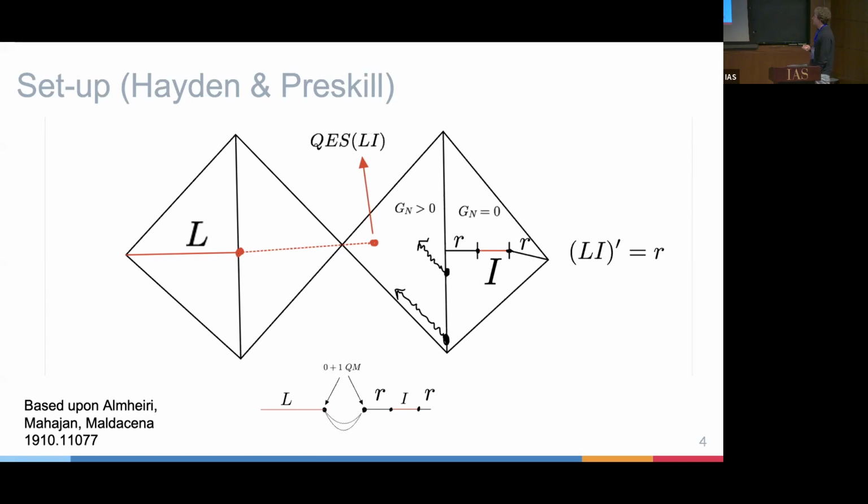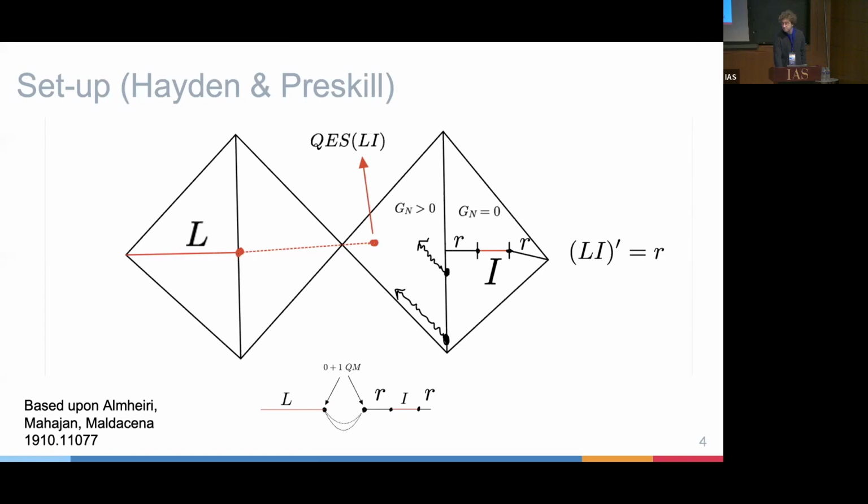The entanglement wedge that we're going to consider is associated to a region which is the whole left, union this left quantum system, plus some interval in the right bath. The interval I'm going to call I, and the remainder of the right bath I'm going to call little r. So little r is the complement of L and I.